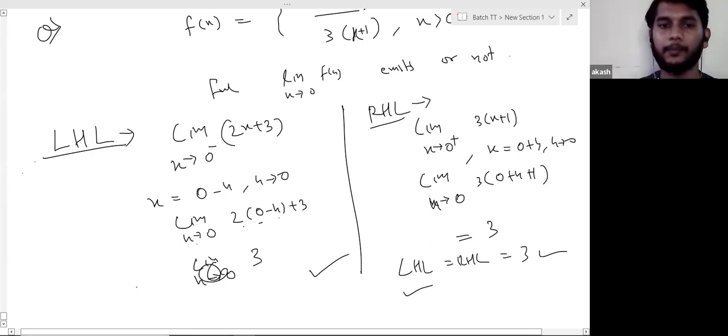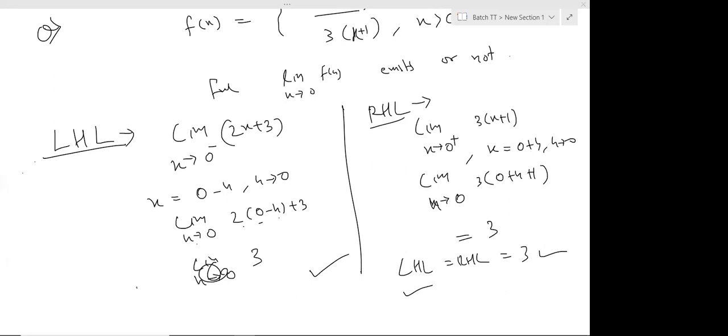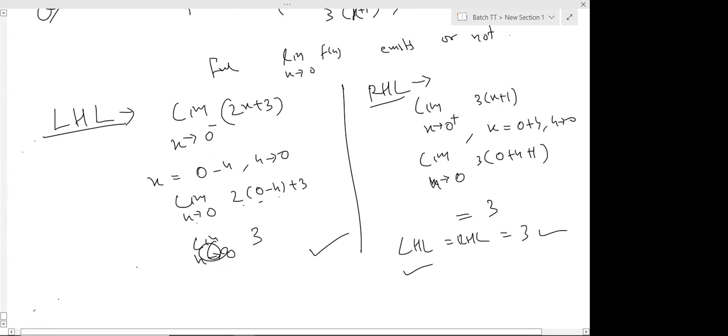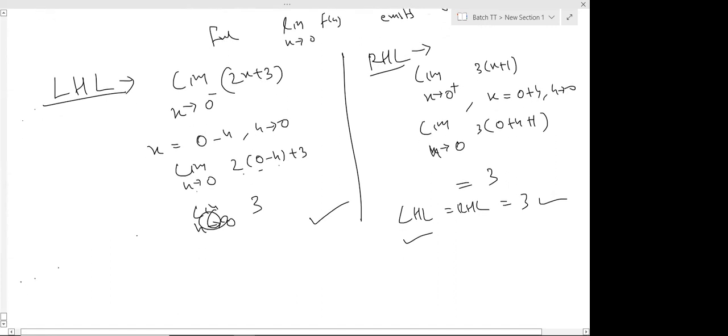I'll give you another question. Here f of x is 2 minus x when x is greater than or equal to 0, and 2 plus x when x is less than 0.